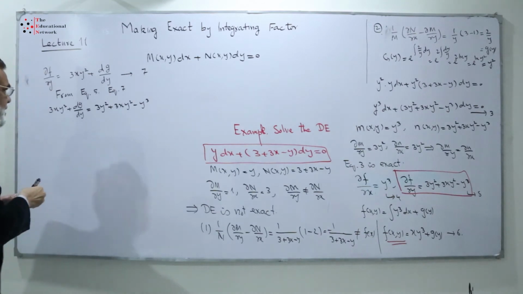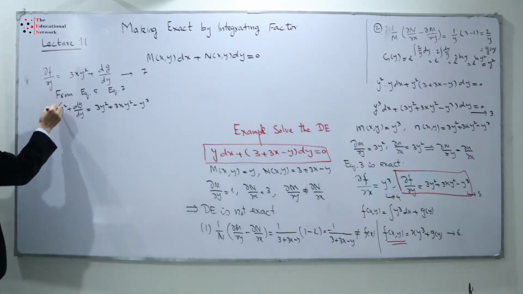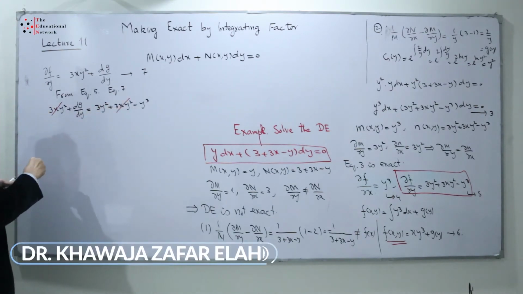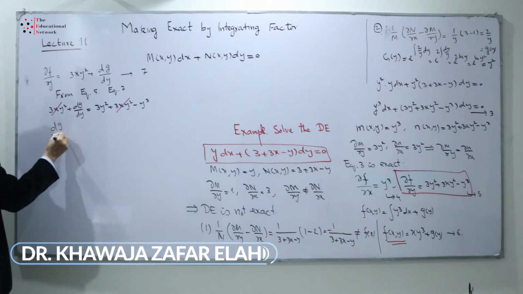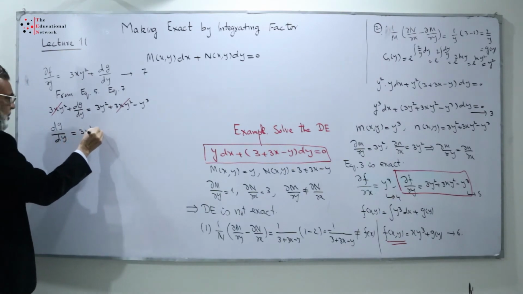Now there is some cancellation, so the 3xy square is cancelled with 3xy square, and we are left with dg by dy is equal to 3y square minus y cube.